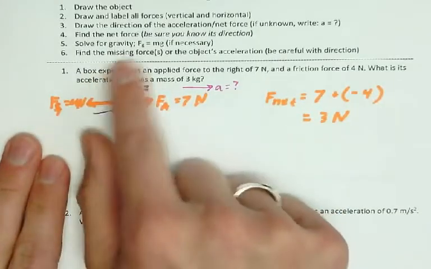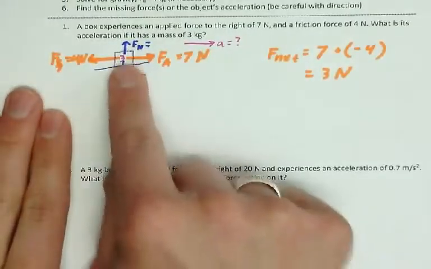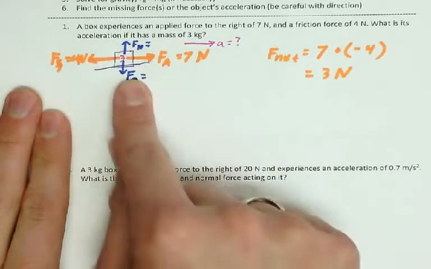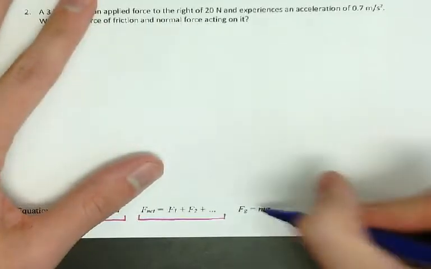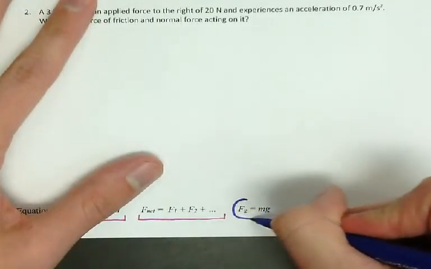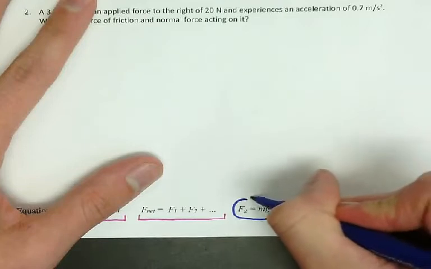Okay. Solve for gravity if you need it. I'm not dealing with anything up and down, so I don't need to solve for gravity. It doesn't ask me for it. However, I'm going to show you how to do it real quick so that you can do it later on. It's very easy. Gravity is Fg equals mg. All you have to do is multiply mass times g, which is 9.8.